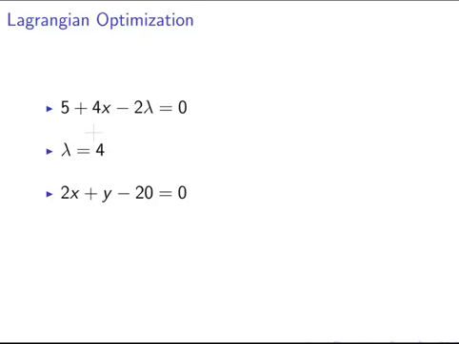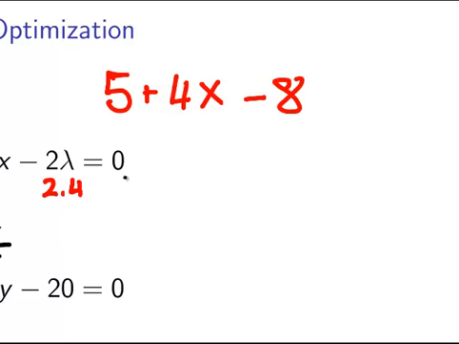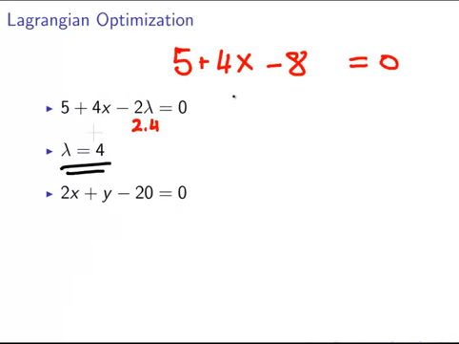Now, a remark on that. We've just found that lambda is equal to 4. So what does that mean for the first expression? Well, we have 5 plus 4x minus 8, that's 2 times lambda, 2 times 4, equal to 0.